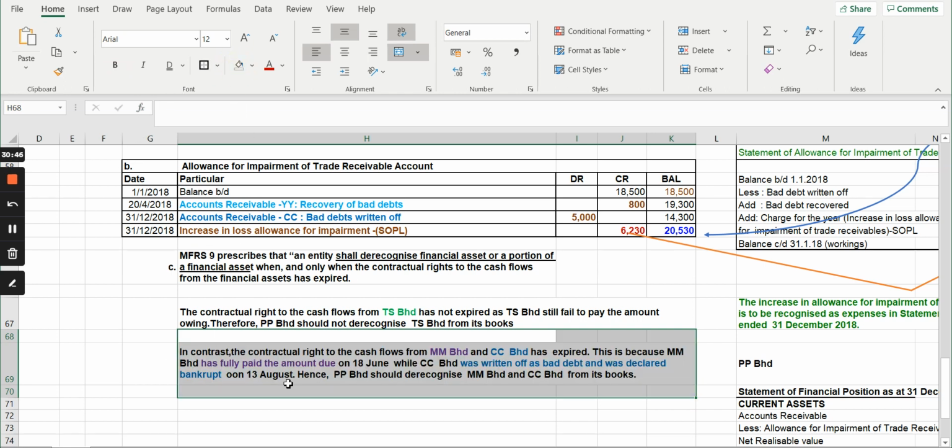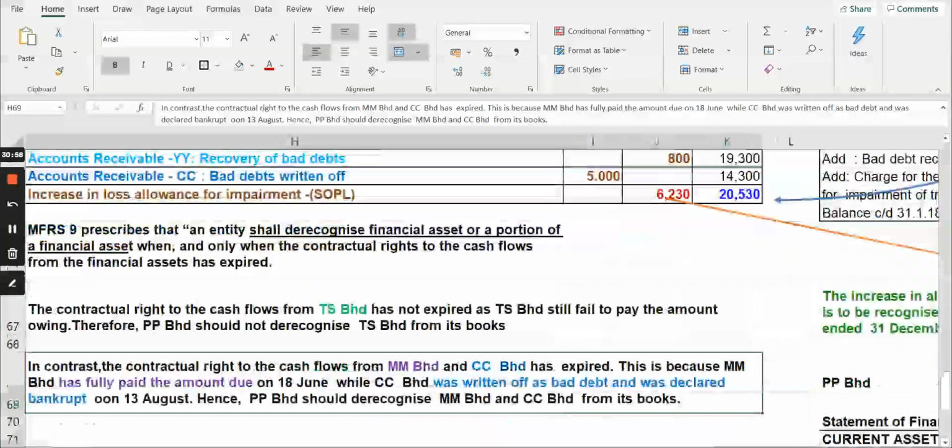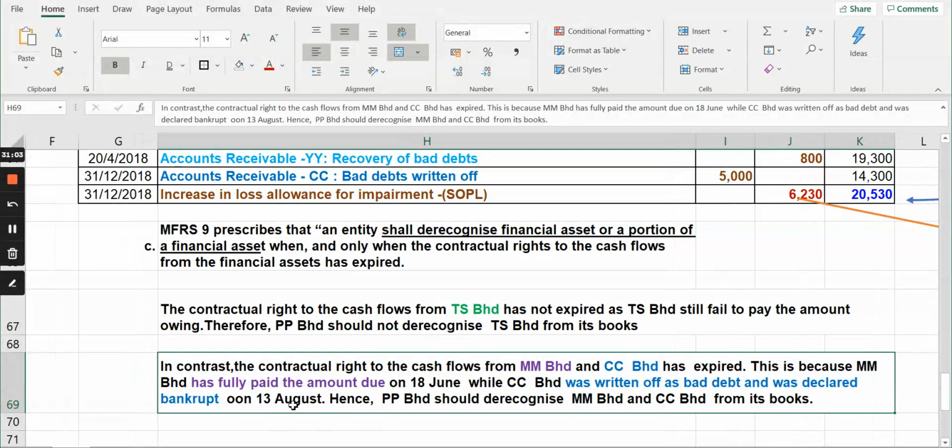And last one is, in contrast, contractual right to the cash flow from MM and CC Berhad has expired. Remember, MM has fully paid. I put this here. I'll zoom for you. Okay, it has expired. And MM has fully paid the amount on 18th of June. Yeah, that was the reason that you will de-recognize.